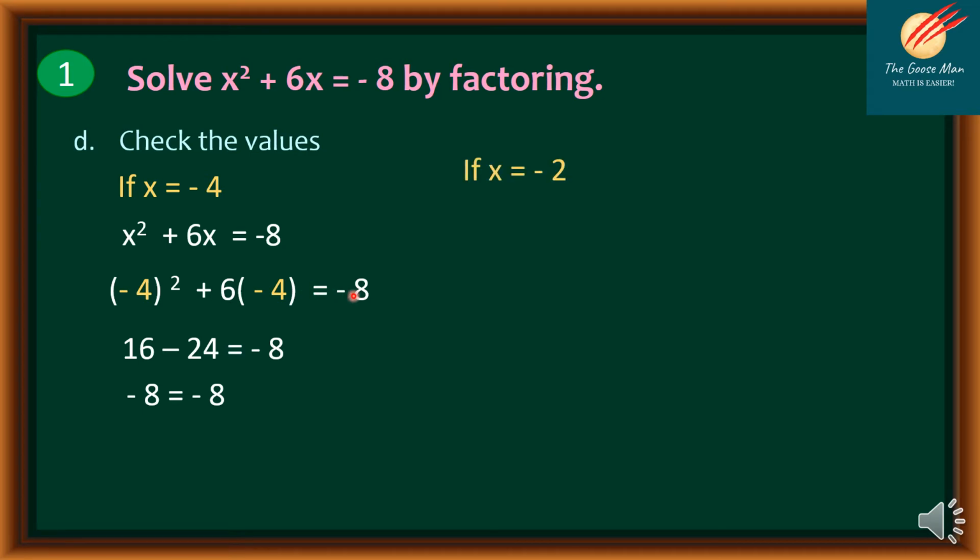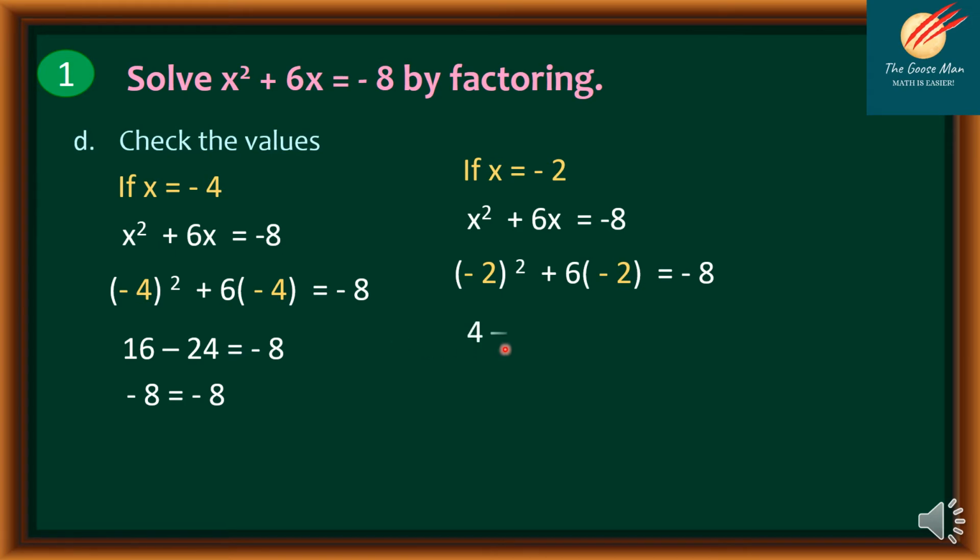On the other hand, if we will substitute x is equal to negative 2 to the equation x squared plus 6x is equal to negative 8, all x's will become negative 2. So we have now negative 2 squared plus 6 times negative 2, is it equal to negative 8?